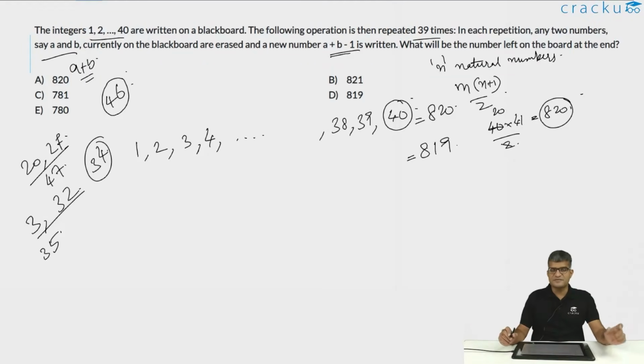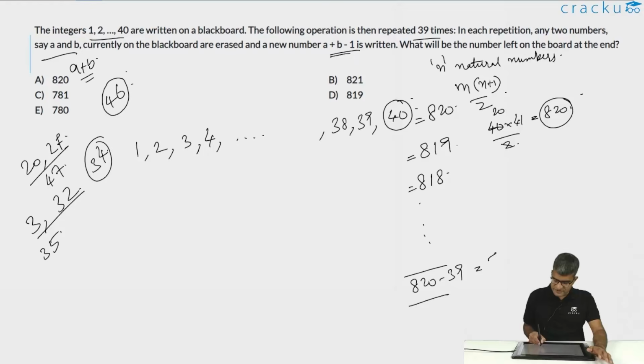So again the sum decreases by 1. So now the total sum of all the numbers which are left on the board is 818. So after every repetition, the sum on the board is being reduced by 1. So finally, after 39 repetitions, the sum on the board will be 820 minus 39, which is equal to 781.